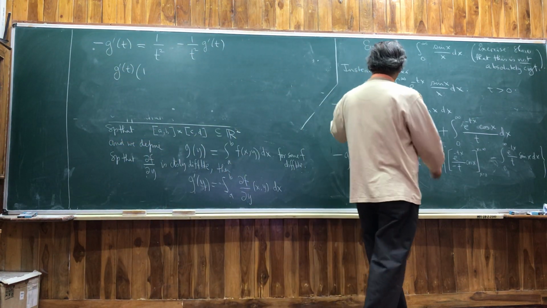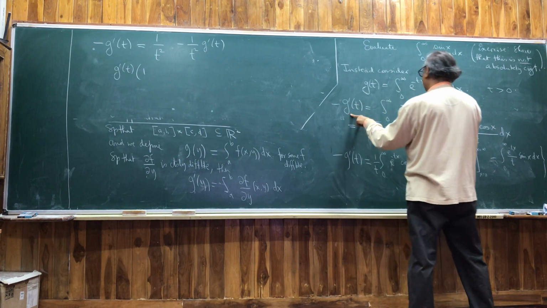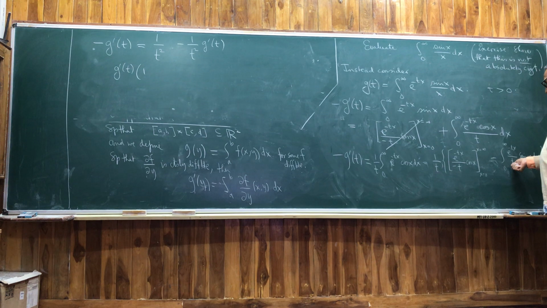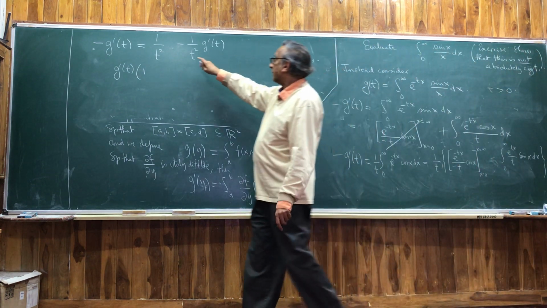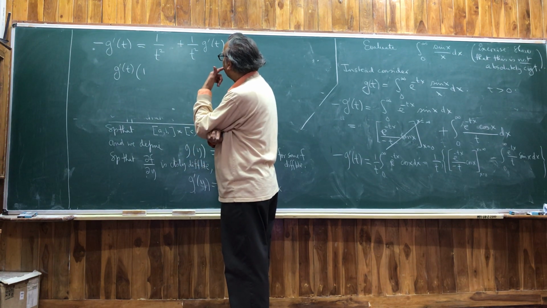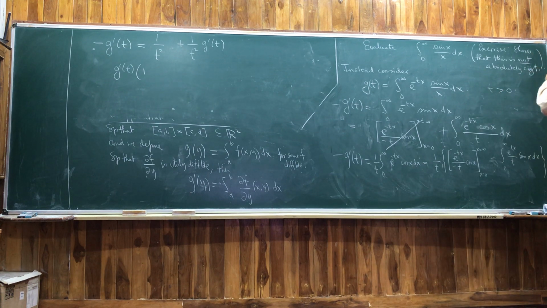Is that right? Because g of t is this, g prime of t was this, and so I have here 1 over t squared times a minus sign, so that's g prime of t. So it should be plus. Maybe I made a mistake here. Did I do this right?